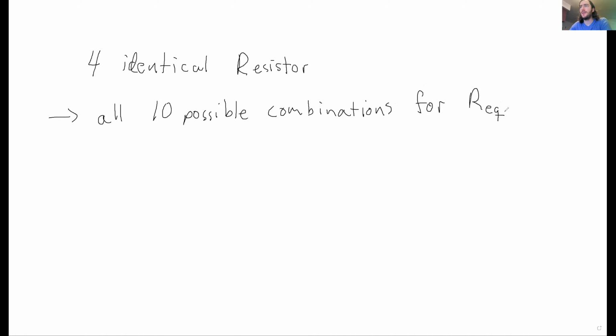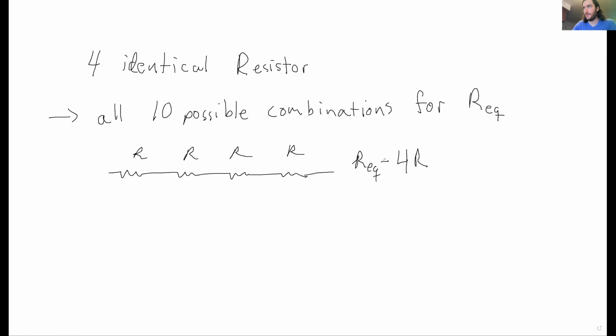The ones I gave when I first got everyone started were the obvious ones, like 4 resistors in series, which all have resistance R. The equivalent resistance here is 4R. For 4 in parallel, REQ is R over 4.